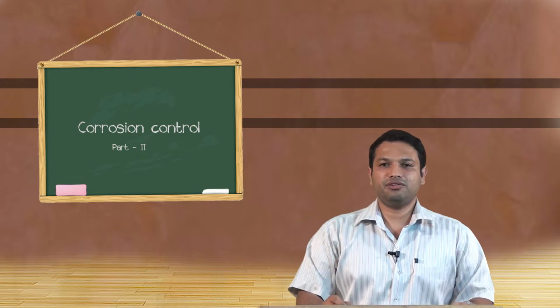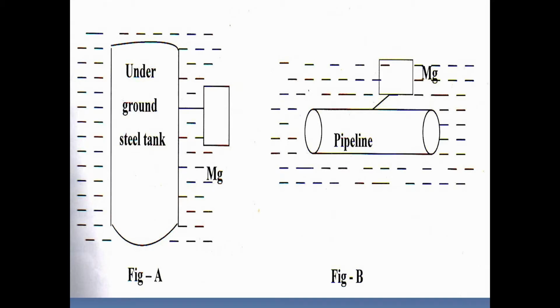As an example, in figure A you can see a tank, like a petrol tank, where a large amount of petrol is stored, and that should be protected. Therefore it is connected to magnesium, which is more active than the sample, that is the steel tank. So magnesium undergoes corrosion and gives the electrons to the steel tank, and therefore the whole steel tank becomes cathode and remains safe.